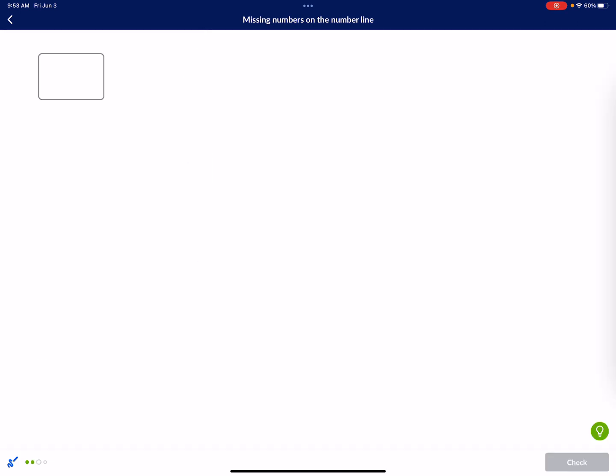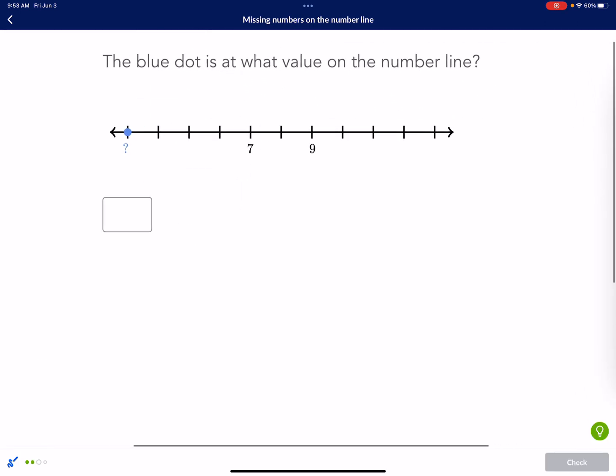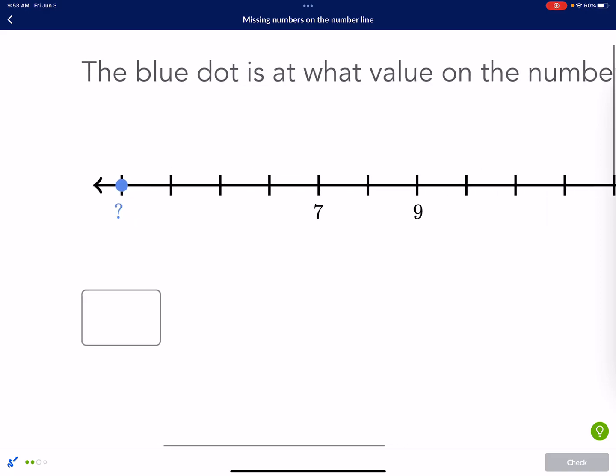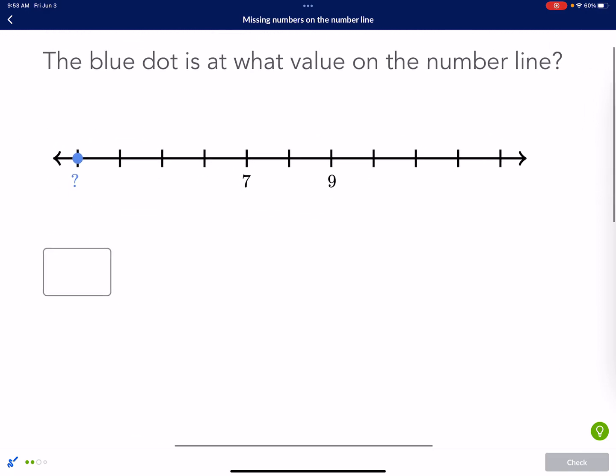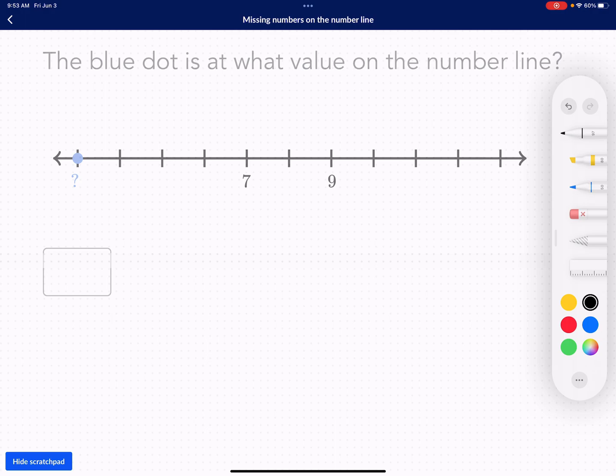Okay, all right, let's try this one. I'm going to start off by drawing my number line, and this is going by 9, 9, 8, 7. So just to draw it out, it's going to be 0 here, 1, 2, 3, 4, 5, 6, 7, 8, 9, and 1, 2, 3, 4, 5, 6, 7, 8, 9.